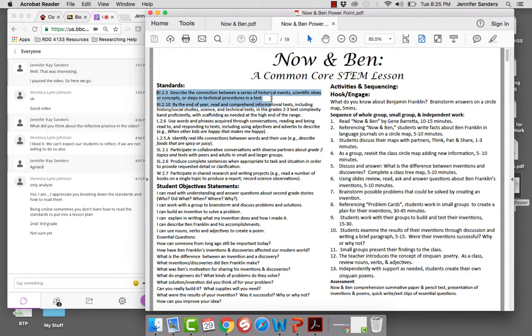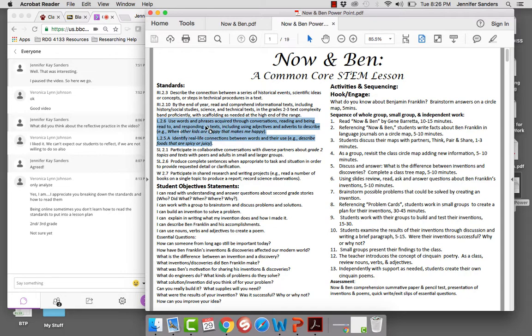Here she has her historical events, scientific ideas. She has language, lots of language, okay? I would try very hard to be diligent in which ones I'm choosing. For example, use words and phrases acquired through conversation, reading, and being read to respond to text.